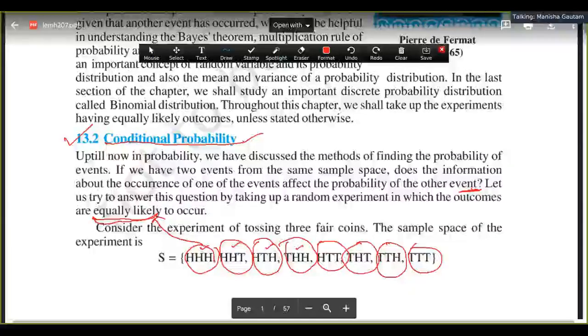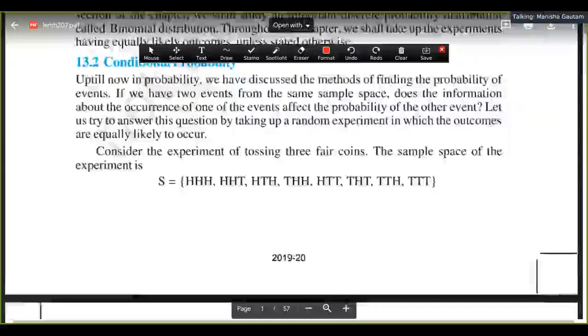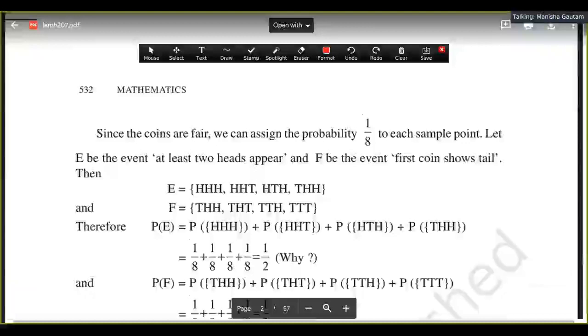Now here is the question. What is conditional probability? What do we have to do for the concept of conditional probability? Let's take two events, E and F. E is the event, at least 2 heads appear, and F is the event, first coin shows tail.